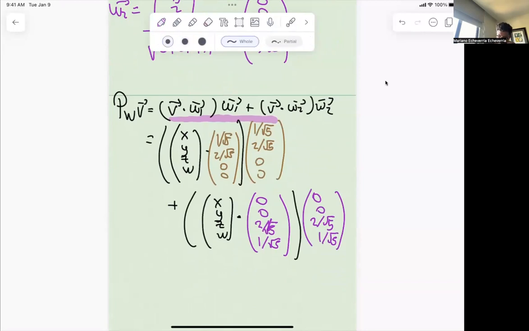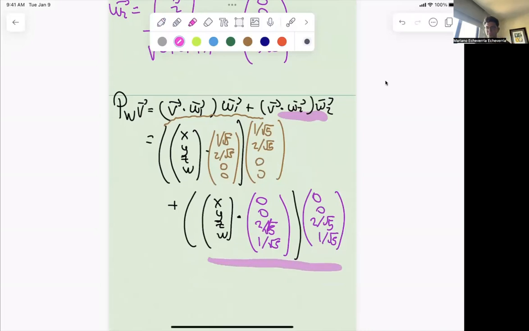Let me change colors. So this corresponds to this stuff, and this thing corresponds to this stuff. That's what each summand is.